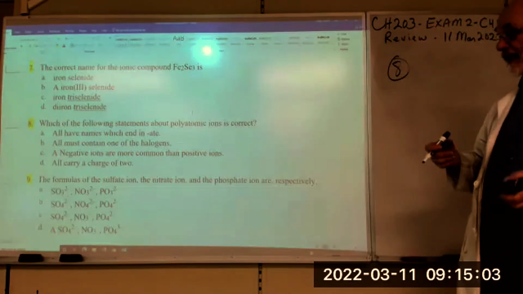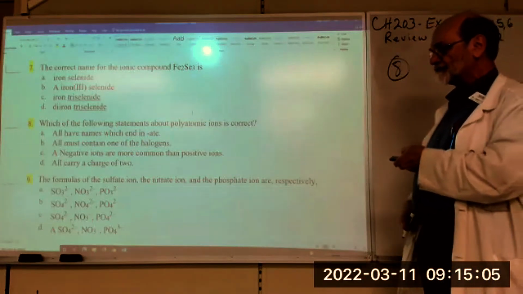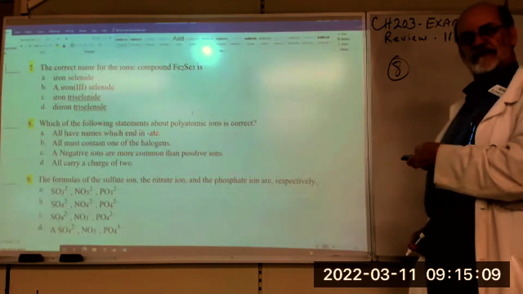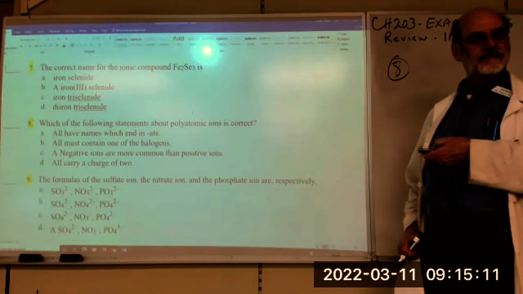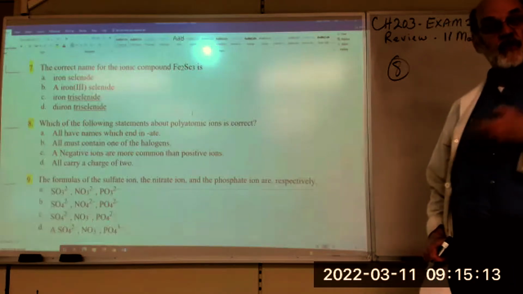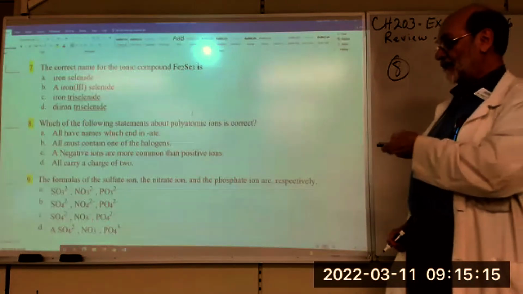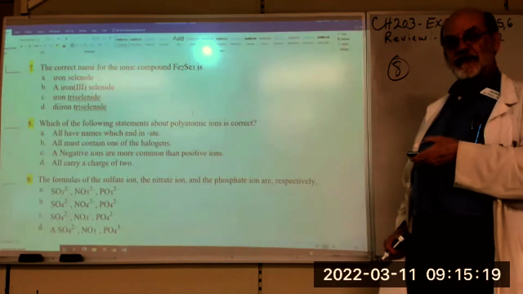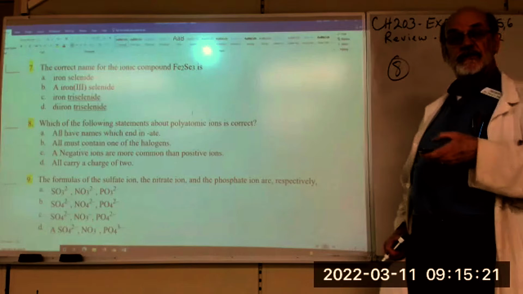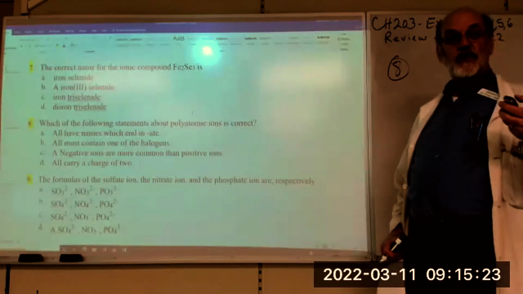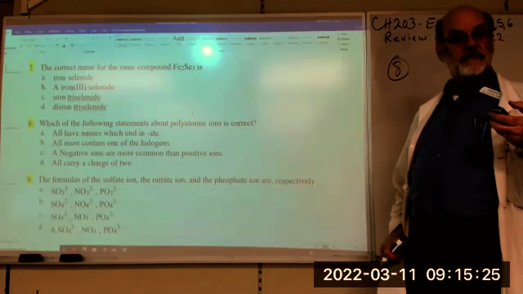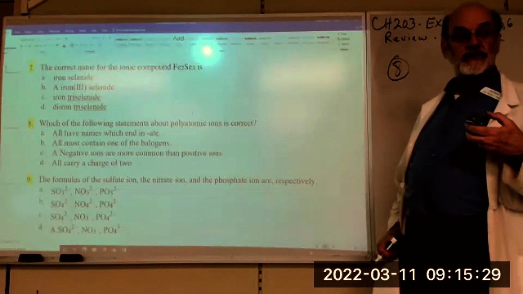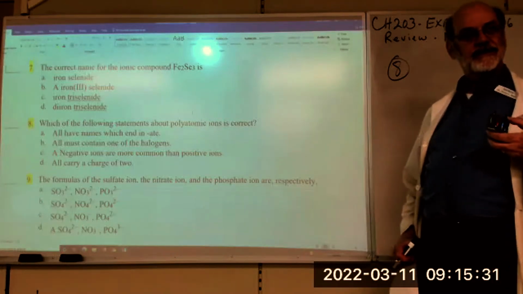Okay, so with that in mind, let's see which one of these fits. All have names with the ending ATE. All you have to do is think of one exception, and it's false. My favorite is the chlorines and the oxygens together. ClO3 minus is chlorate. ClO2 minus is chlorite.